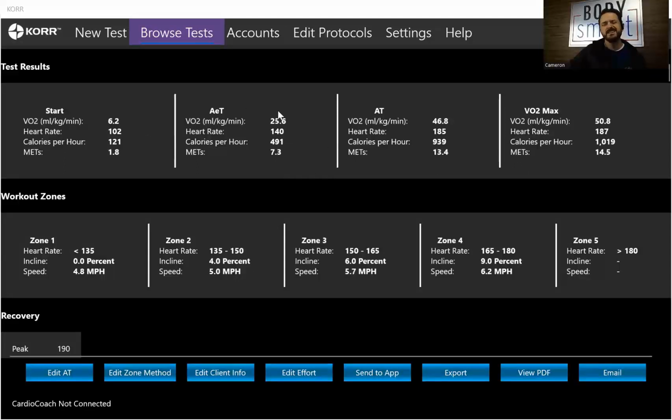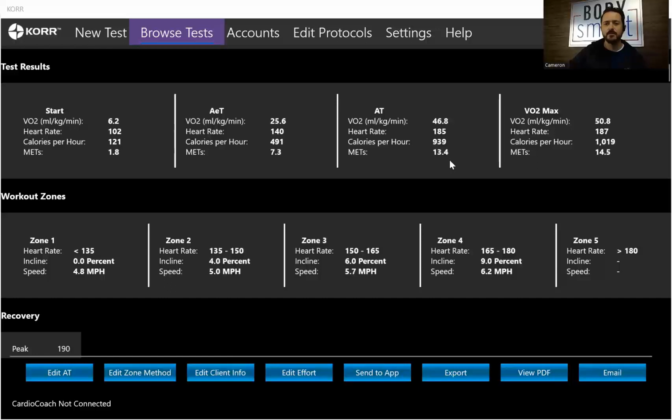Aerobic threshold is defined differently by different people, but essentially it's where you start having to breathe a little bit harder because you're actually doing some exercise type work, but it's still really easy for most people. It's usually where you're most efficient in terms of fat burn. Not necessarily always most effective, but at least most efficient for most people.